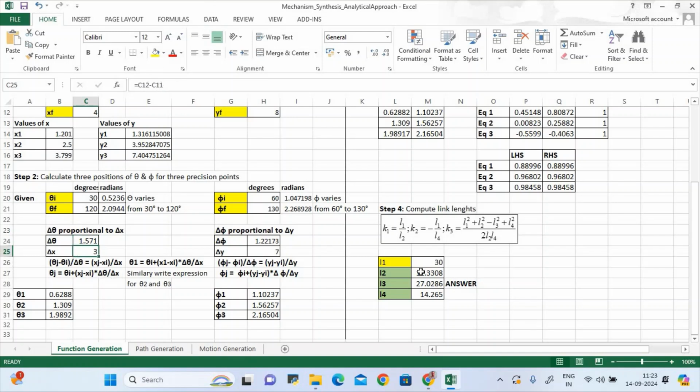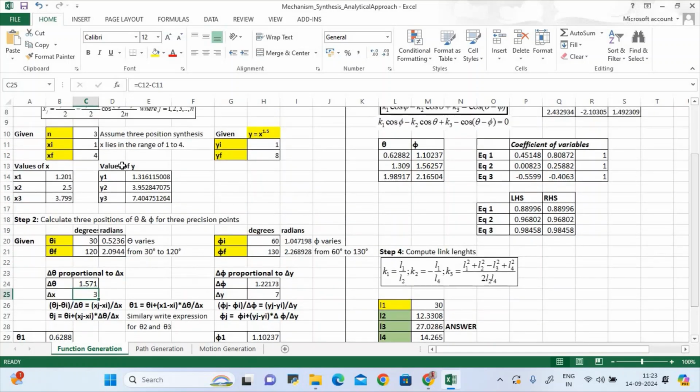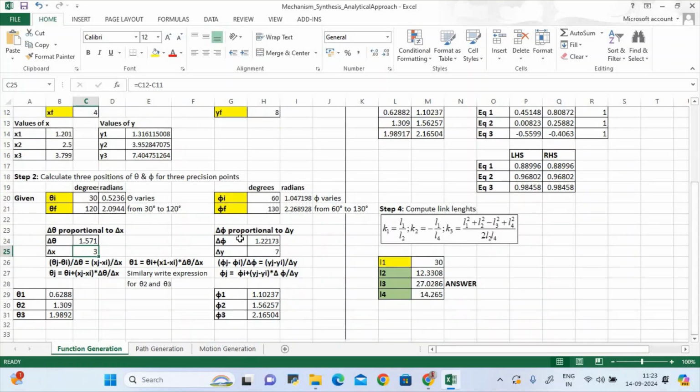Now similarly delta x: you have these two values, the initial and final values xi and xf. So this will simply become 4 minus 1, that is 3, correct? So here you can see delta x is 3. Similarly, you calculate delta phi and delta y. Delta phi will be this cell, that is I21 minus I20, correct?